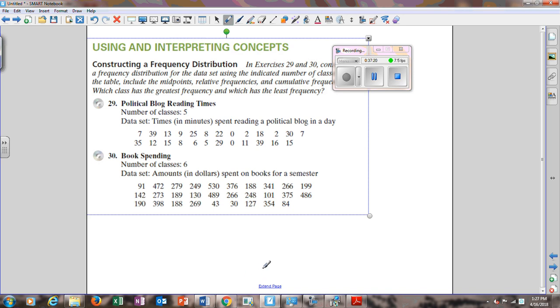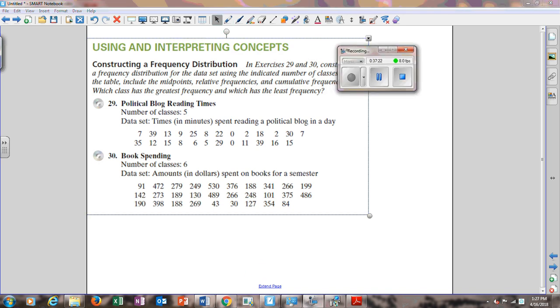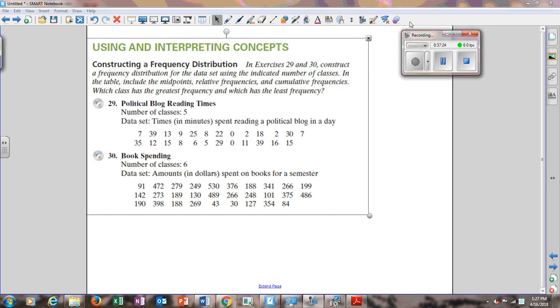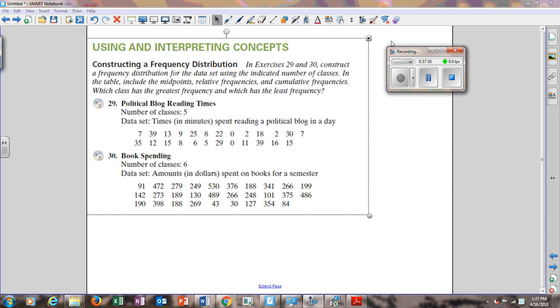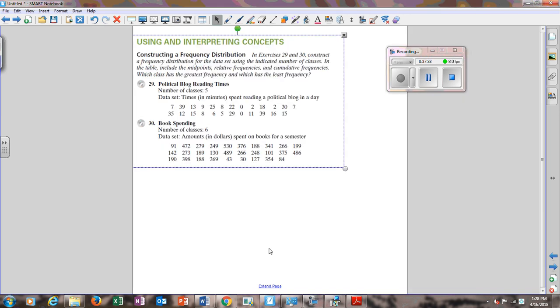All right, number 29. This is a long one to go over. Really should have done even and odd. So number 29, constructing a frequency distribution. Construct a frequency distribution for the data set using the indicated number of classes in the table. Include midpoints, relative frequencies, and cumulative frequencies.